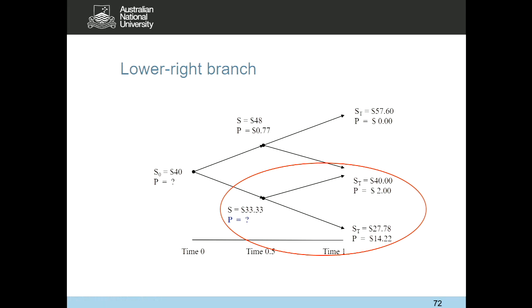Then what we do next is we repeat the same process with the lower branch. We're standing at this point, and we're thinking, how much is this put option worth if the share price goes up? Well, if the share price goes up to $40, then this put option will make a payoff of $2. Now, if the share price goes down to $27.78, then this put option would make a payoff of $14.22.